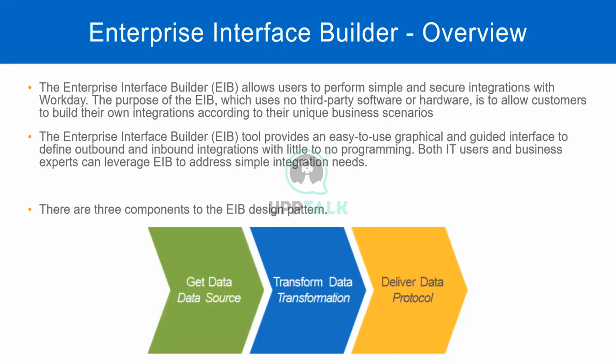Where are we going to get the data from? That is something we have to configure. Do we need transformation? If yes, configure that. If no, leave it blank. And then deliver the data. How are we going to send the data to an external system? So we have to configure that as well. Once we do these three steps, our EIB is ready.